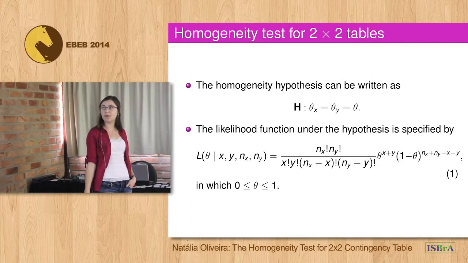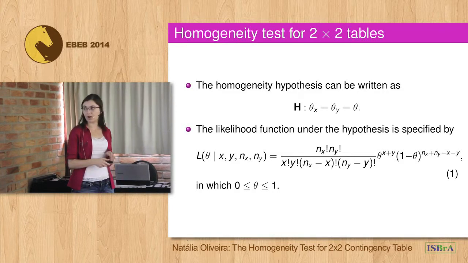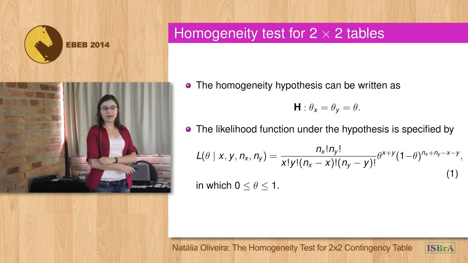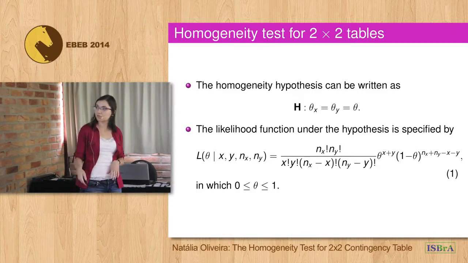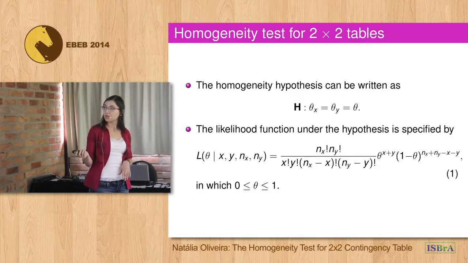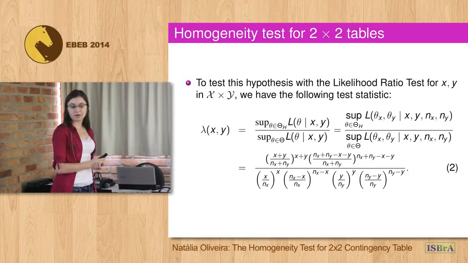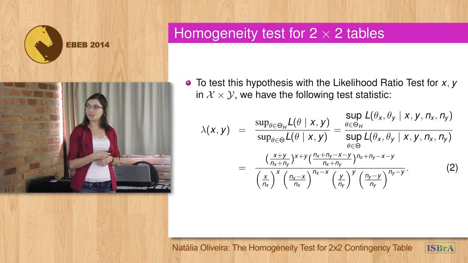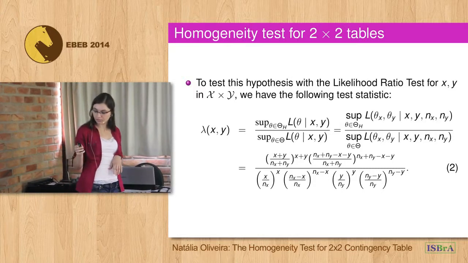The homogeneity hypothesis can be written as theta x equals theta y equals theta. The likelihood function under this hypothesis is specified by expression 1. To test this hypothesis with the likelihood ratio test, we have the lambda statistic, which can be simplified to this expression right here.